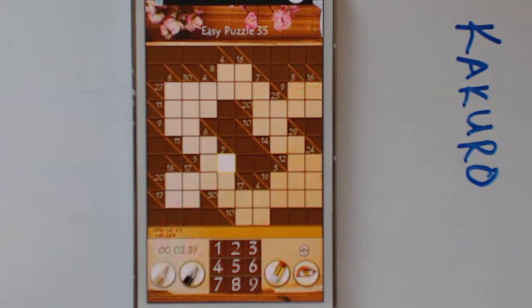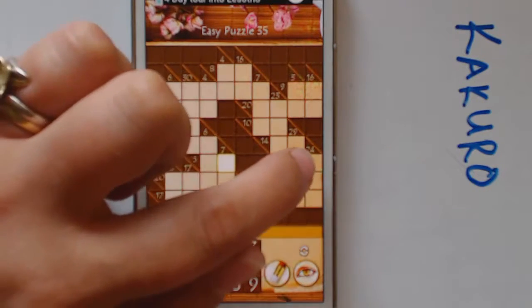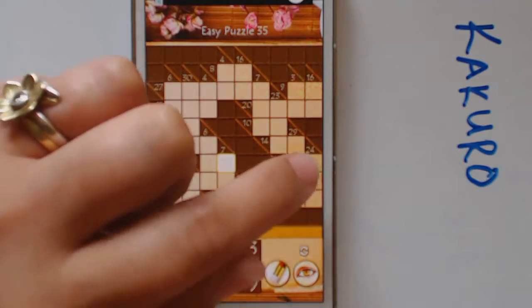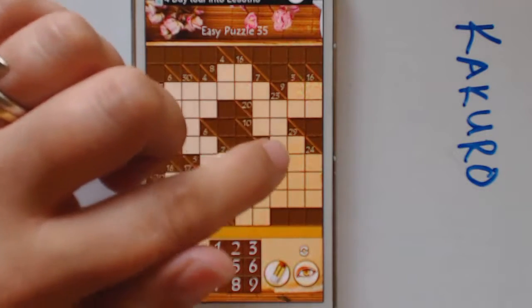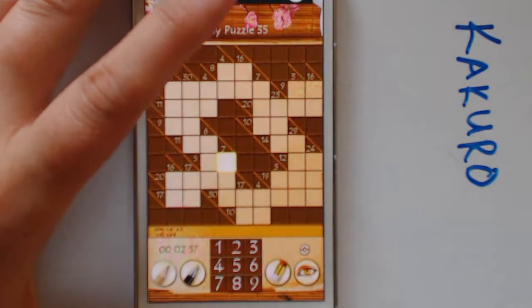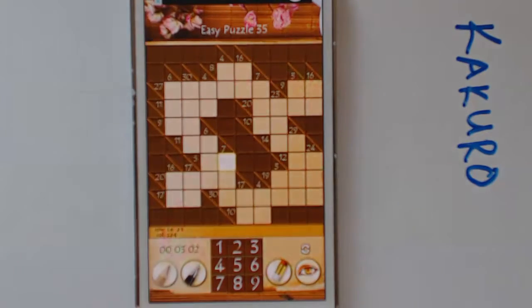Three numbers that add to 24 must be 9, 8, 7, and three numbers that add to 23 must be 9, 8, 6. Those are general combinations that you'll find. You'll learn them as you play the Kakuro.